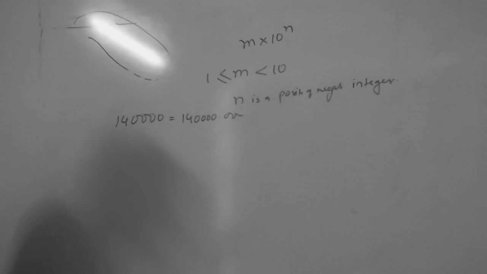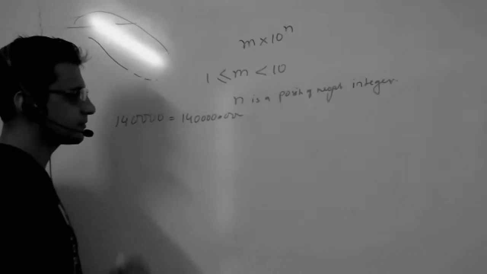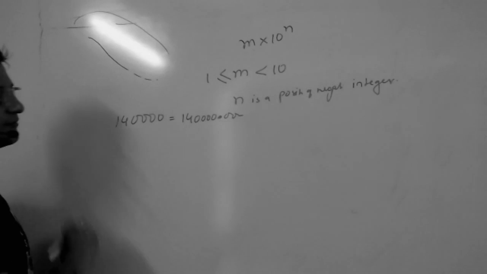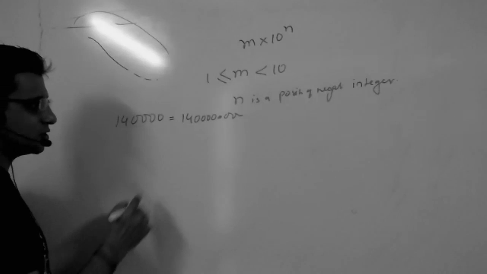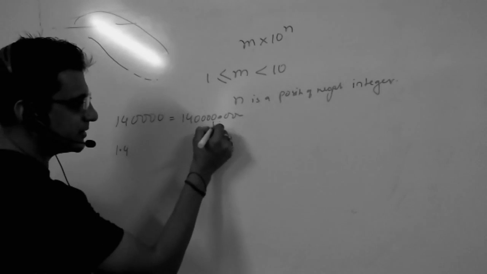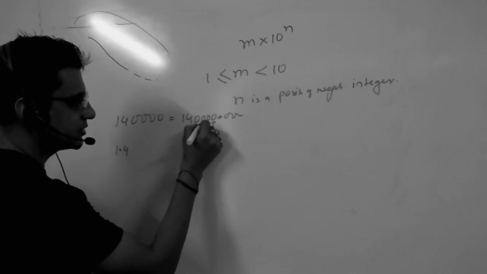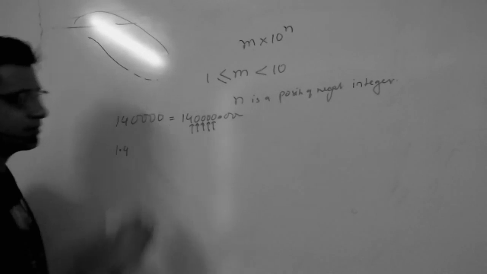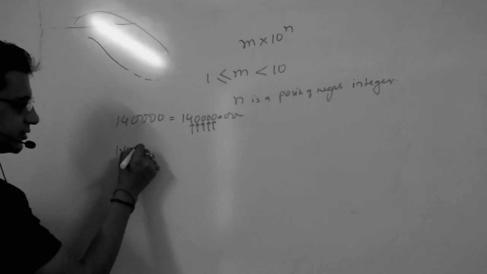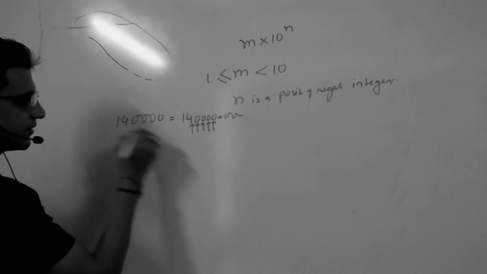Correct? Now you are pulling the decimal to the left-hand side. So we write 1.4, and how many places? 1, 2, 3, 4, you are pulling it 5 places, correct? So you can write 1.4 into 10 to the power 5.